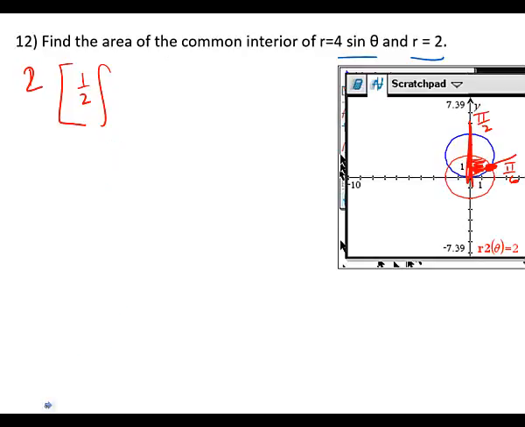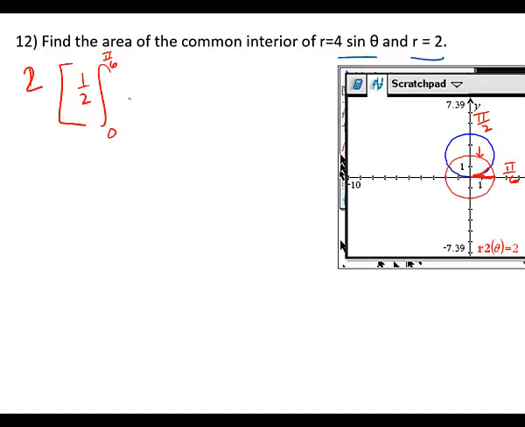Oh, this one's weird. I gotta erase my scribbles. It's weird where this stuff is coming at us from. So this part right here is the blue curve, and that part up there is the red curve. So I have to go from 0 to pi over 6 for the blue curve, and then from pi over 6 to pi over 2 for the red curve. So I go from 0 to pi over 6 of my blue curve.